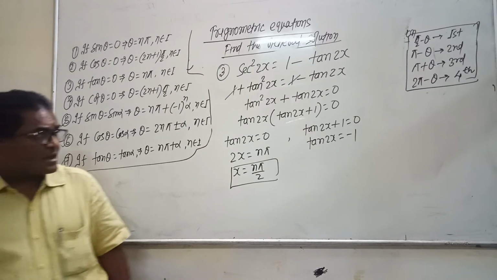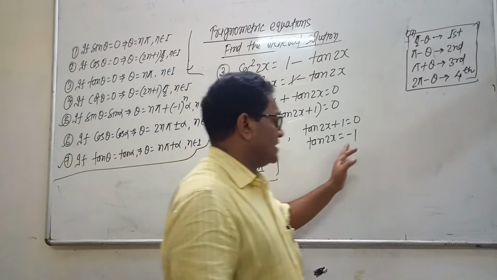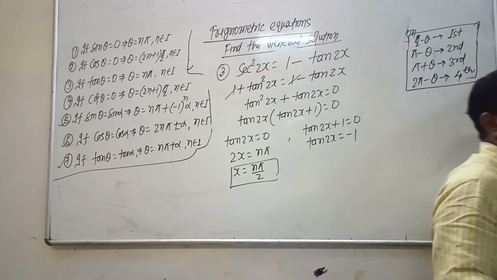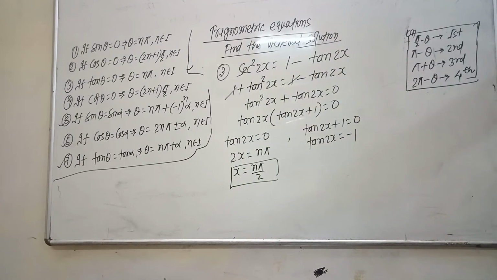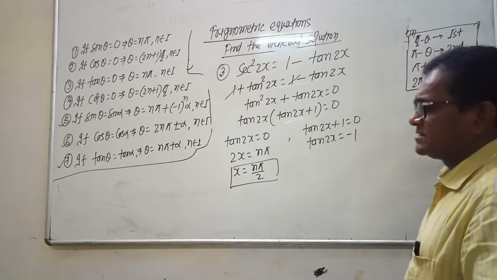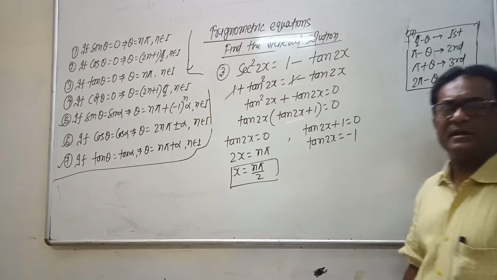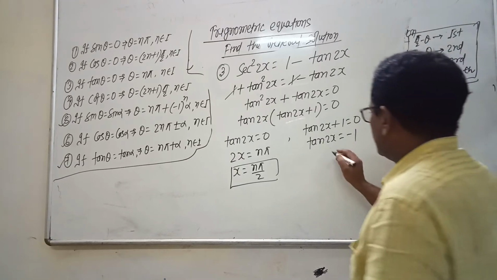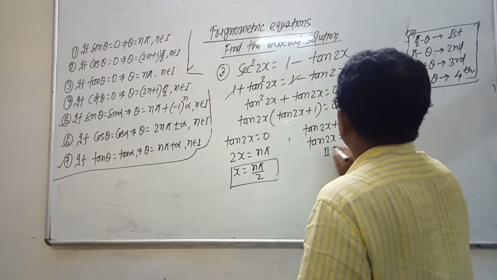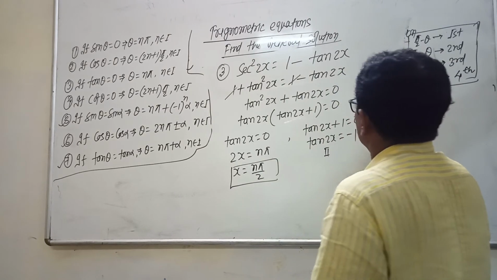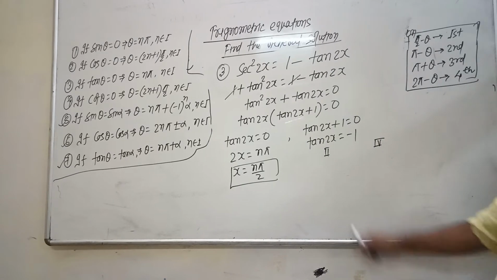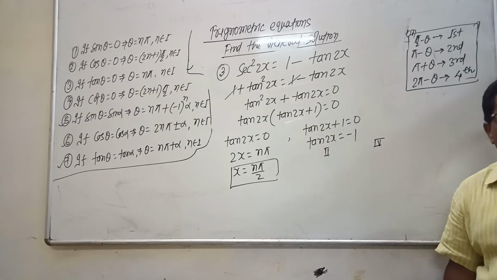Now tan 2x equals minus 1. So we will have to find the principal value. In which quadrant is tan 2x negative? Tan is negative in the second quadrant and in the fourth quadrant. So in the general solution we will have to use the value of the second quadrant.